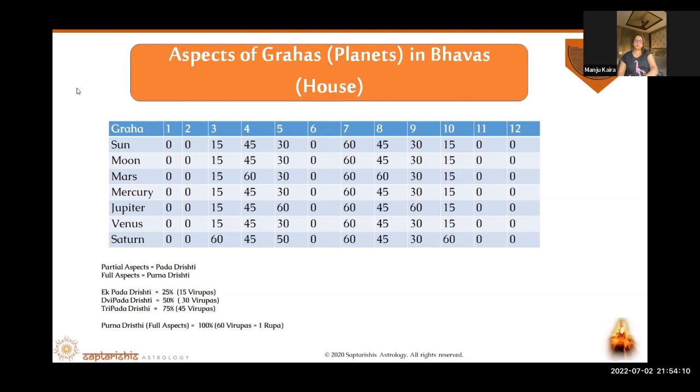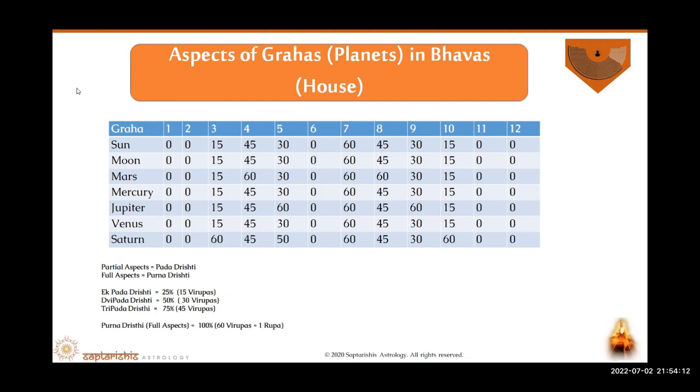Okay, fifth and ninth of Jupiter. Why? Ninth is blessing. Guru is all about blessings. A Guru or teacher cares for you as his child. He teaches you and considers you as his child.